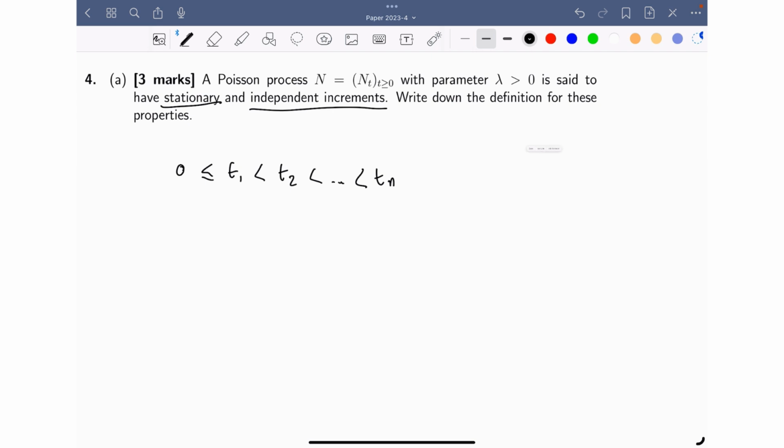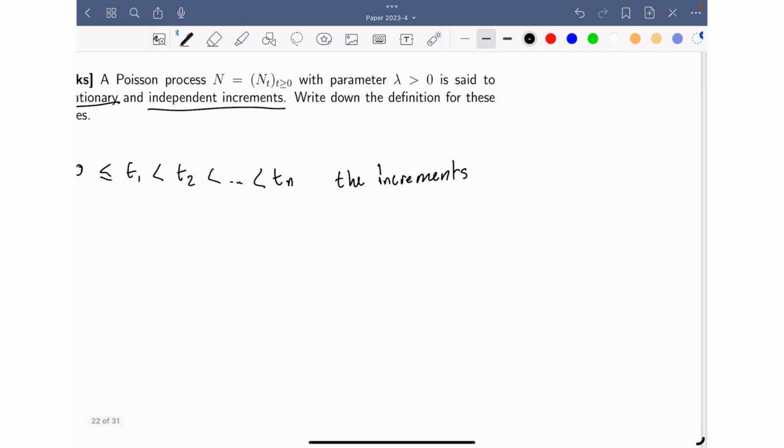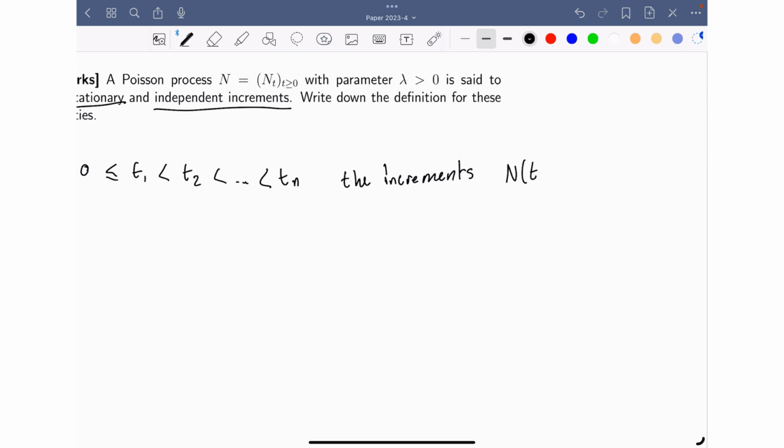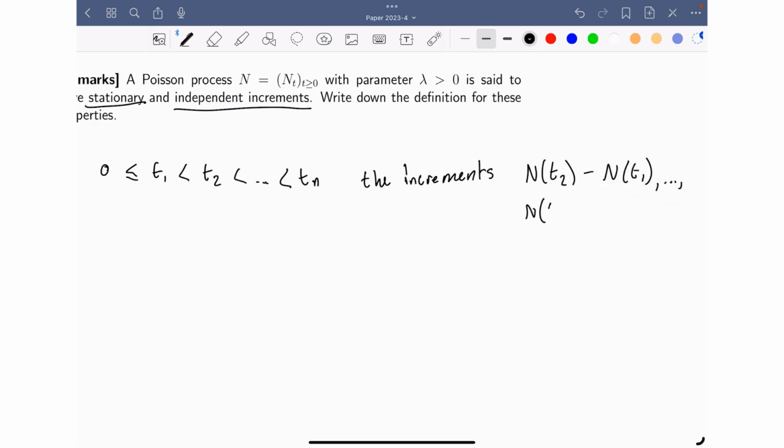Then the increments N(t2) minus N(t1), and so on, all the way up to N(tn) minus N(tn-1) are independent random variables.